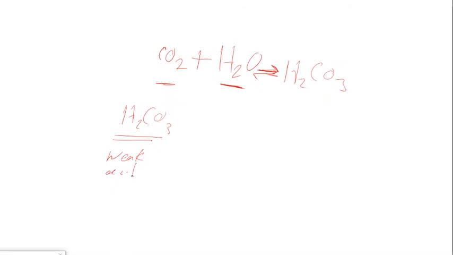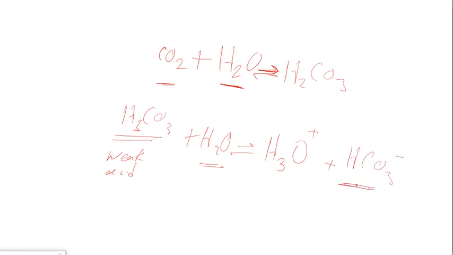This weak acid will react further with something basic, something like water. In that case, it will react with water, giving one of its protons to the water to form hydronium ion, and HCO3 minus will be out.